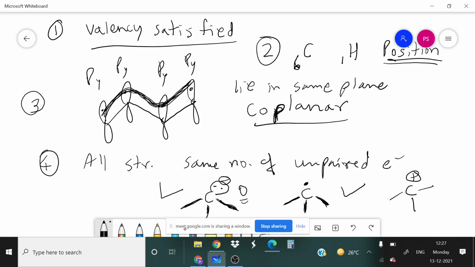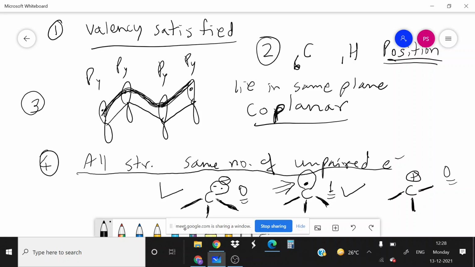So three bond pairs and one unpaired electron is there, so one unpaired electron. Here three bonded electrons means three bond pairs and zero unpaired electrons. So you have an idea what unpaired electrons are. Here only one unpaired electron is there in carbon free radical. So according to the fourth rule, all structures should have the same number of unpaired electrons.